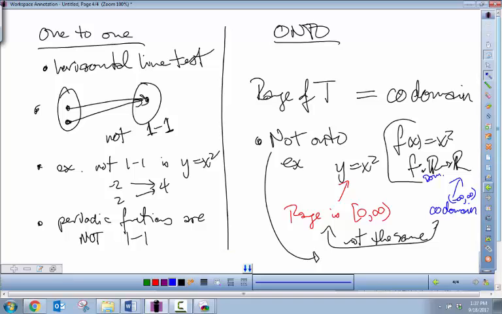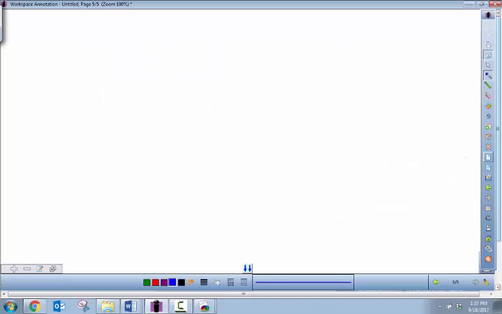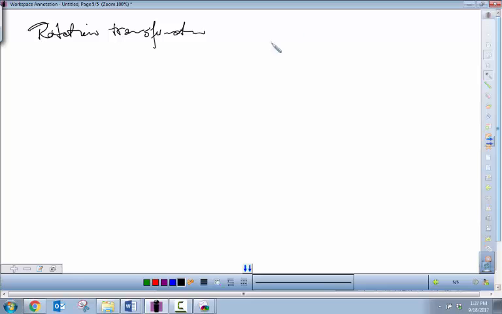Let's take a look at, oh, I wanted to do another transformation for you, and I forgot. Rotation. So the rotation transformation is actually given by a nice simple matrix. I just wish I could remember it.